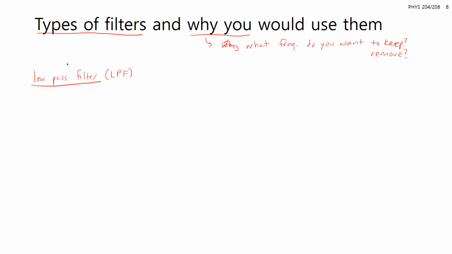The key thing is that you have low and you have pass. So you're going to keep low frequencies, which means you're letting them pass through the filter, and you're going to filter or reject the high frequencies.